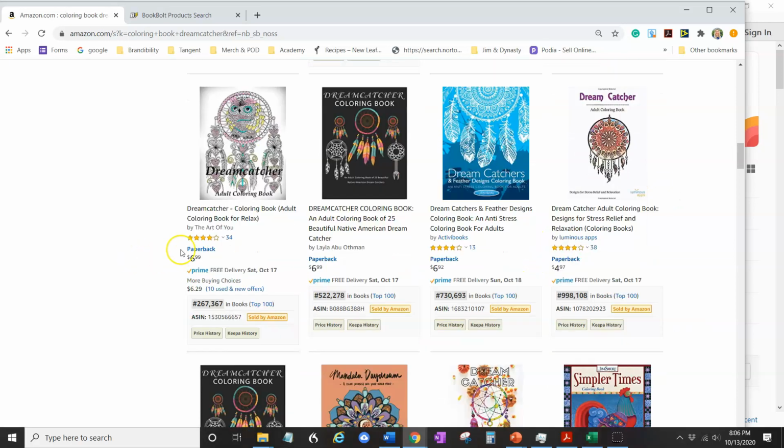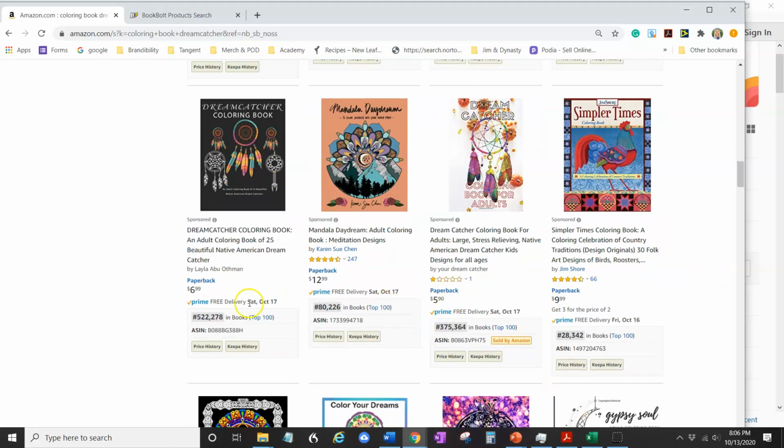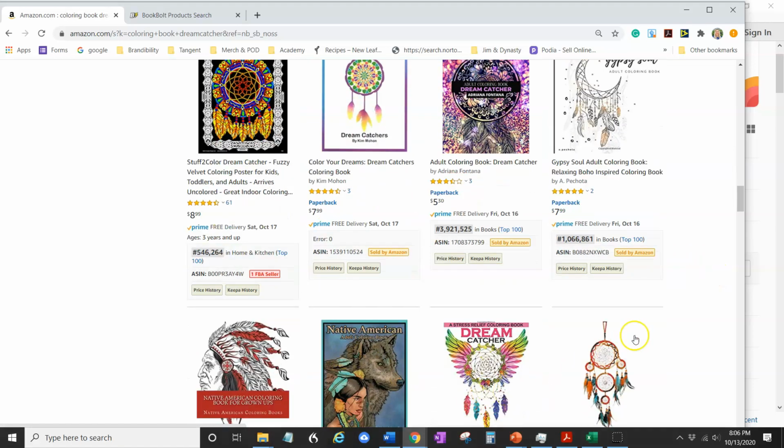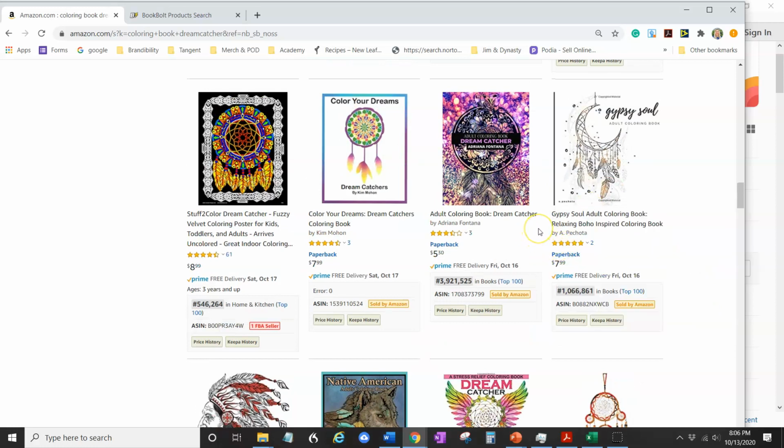And I just kind of go through and write all the keywords I see that make sense. Anti-stress, stress relief, relaxation, and I just keep writing all the words that I think someone might search. Boho, that's another one associated with dream catchers and that sort of thing. Boho, bohemian, gypsy.